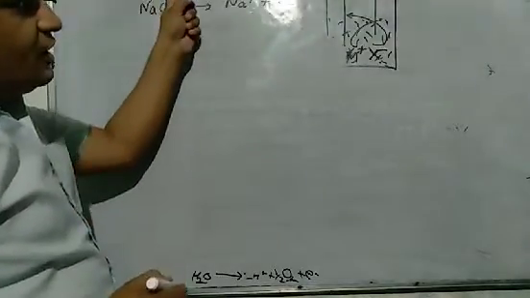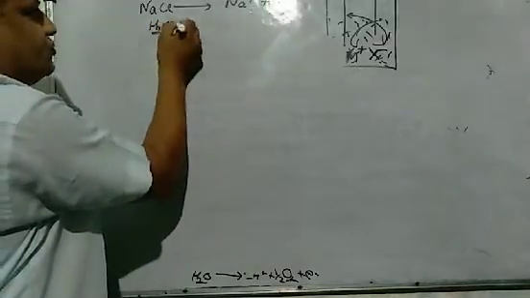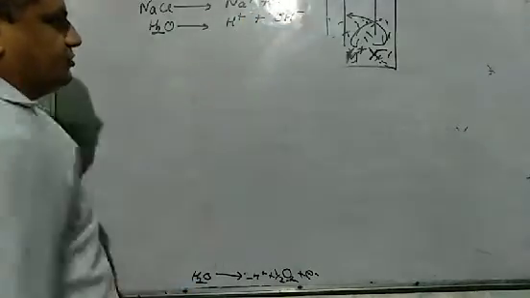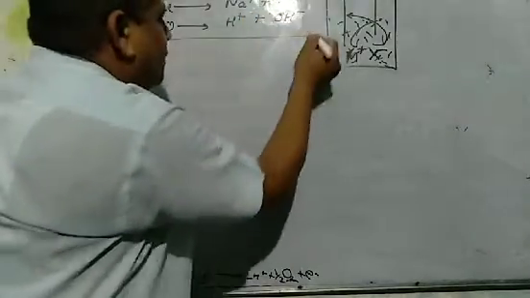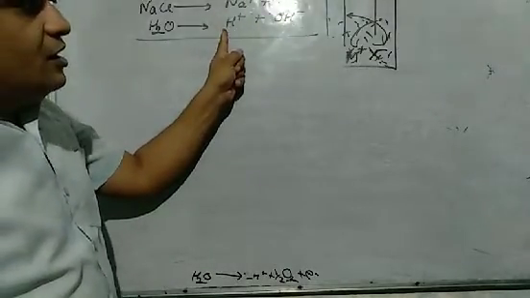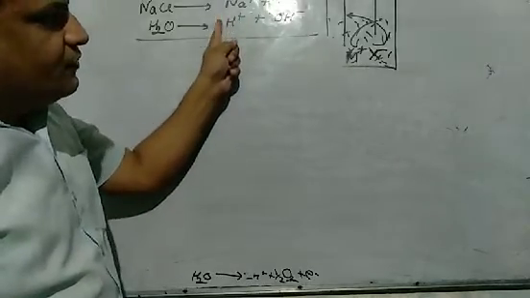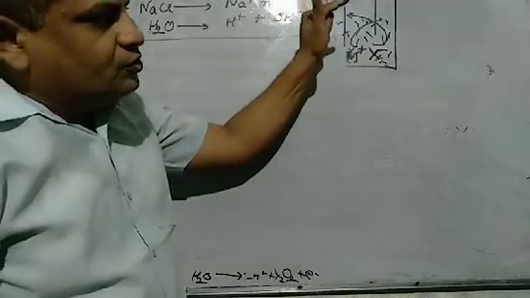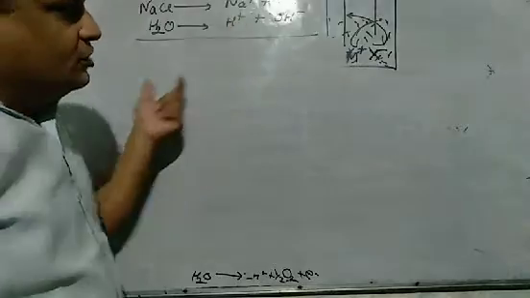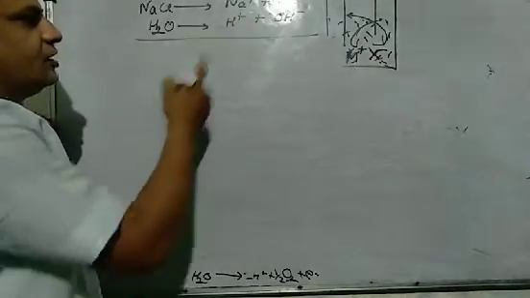Since it is an aqueous solution, water is also present here, so it also dissociates into H+ ion and OH- ion. Here, as you see, two types of cations are present in the electrolyte. Both types of cation move toward the cathode to be reduced. So, the following two reactions are possible at the cathode.